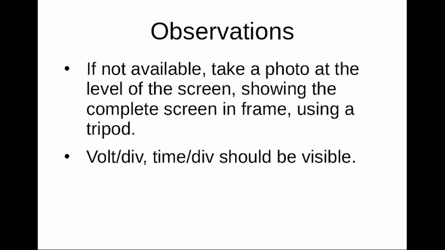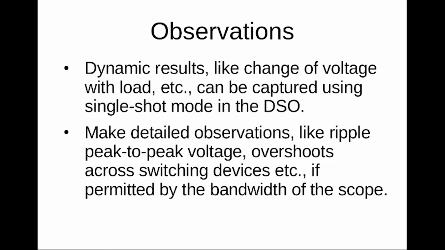Now, dynamic results like change of voltage with load, change of speed when the motor is loaded, etc., can be captured using a single shot mode available in the oscilloscope. Just like in the case of simulations, make detailed observations like peak-to-peak ripple voltage, overshoots across switching devices, etc., if permitted by the bandwidth of the scope.